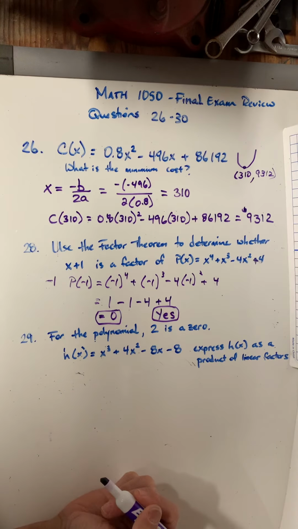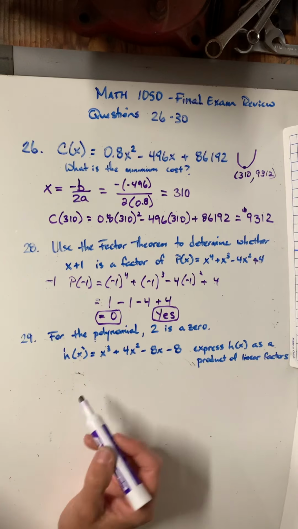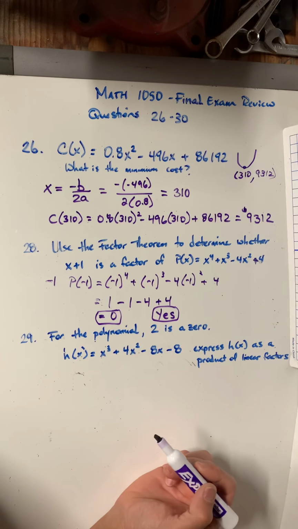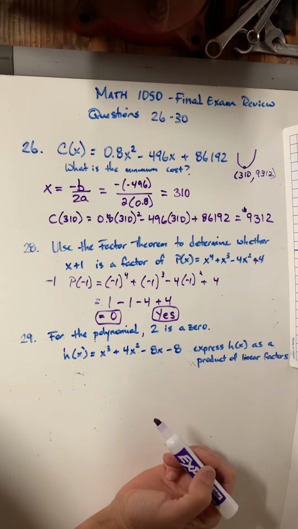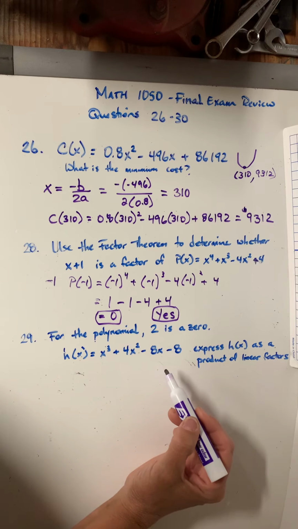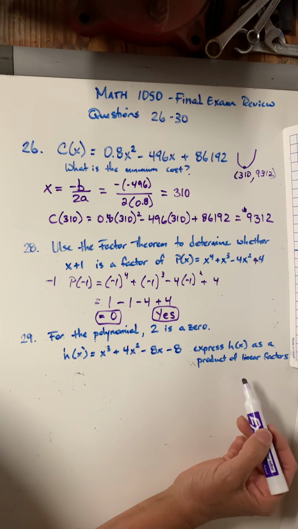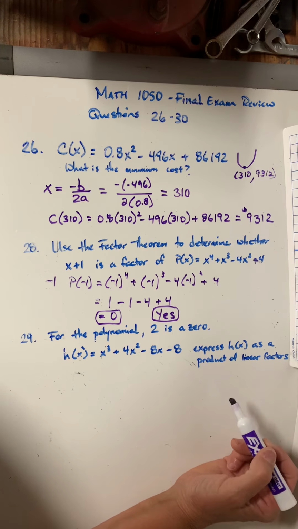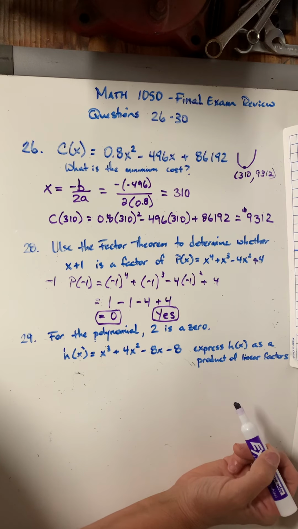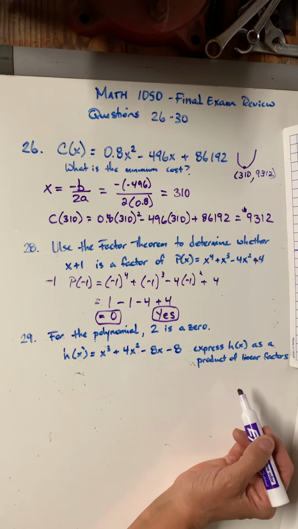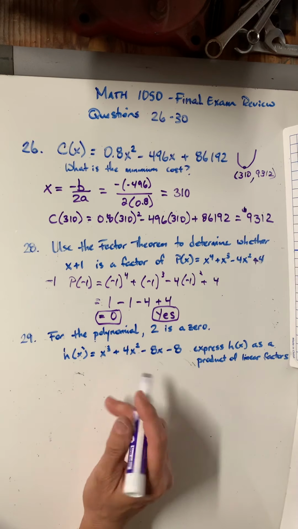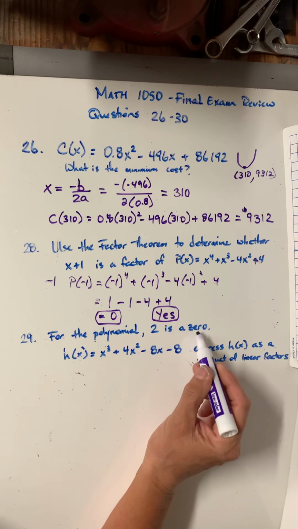Number 29 says for the polynomial, 2 is a 0. They give us that as a hint. They give us this polynomial and they say express h of x as a product of linear factors. I think this is a pretty difficult problem. I already know that one factor, because 2 is a 0.